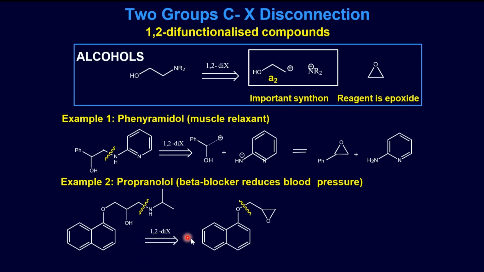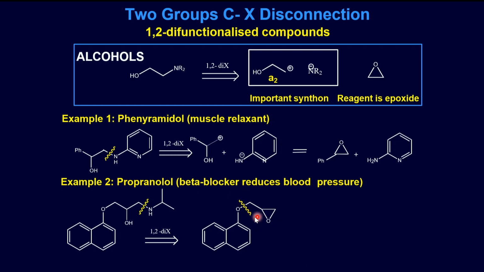If I do 1,2 disconnection, naphthyloxy methyl epoxide. Then the second function, this is also a 1,2 functional group. Here at one position there is an ether functional group and at another position is also ether. Then I'll break over here.